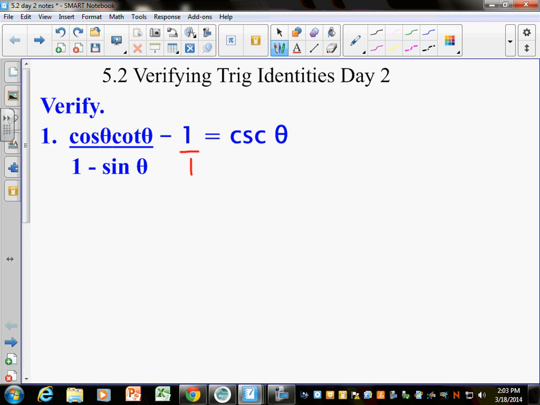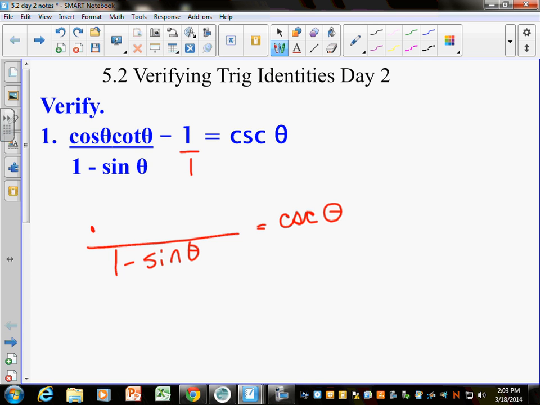And my common denominator would just be 1 minus sine theta. This side's already just 1. So on this side, do I need to do anything to make it have that denominator?